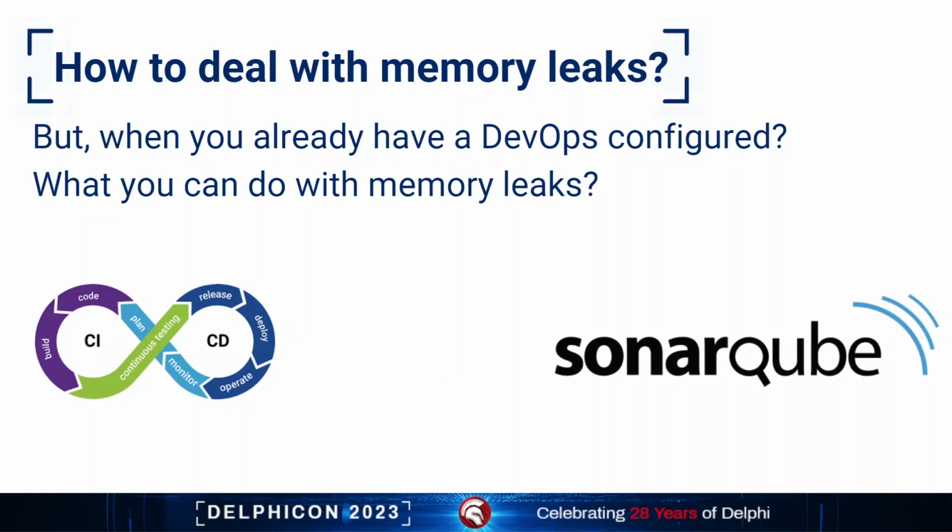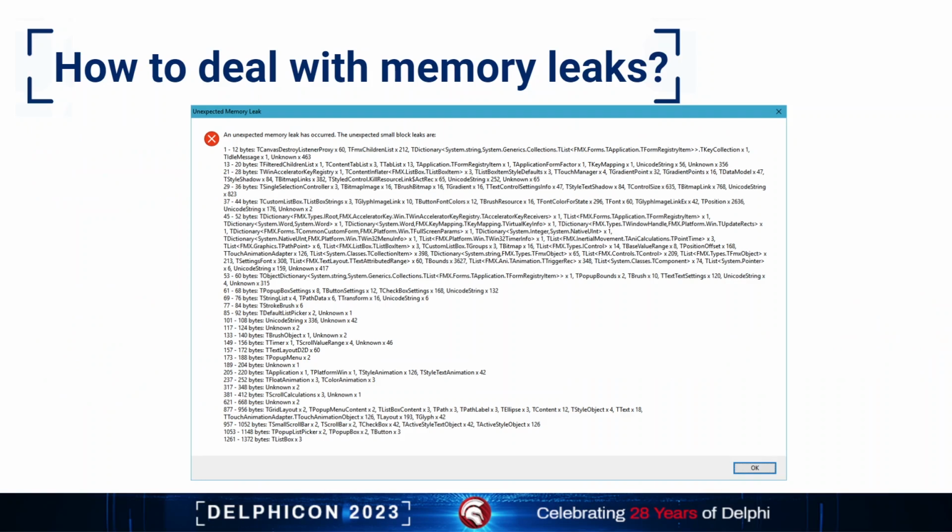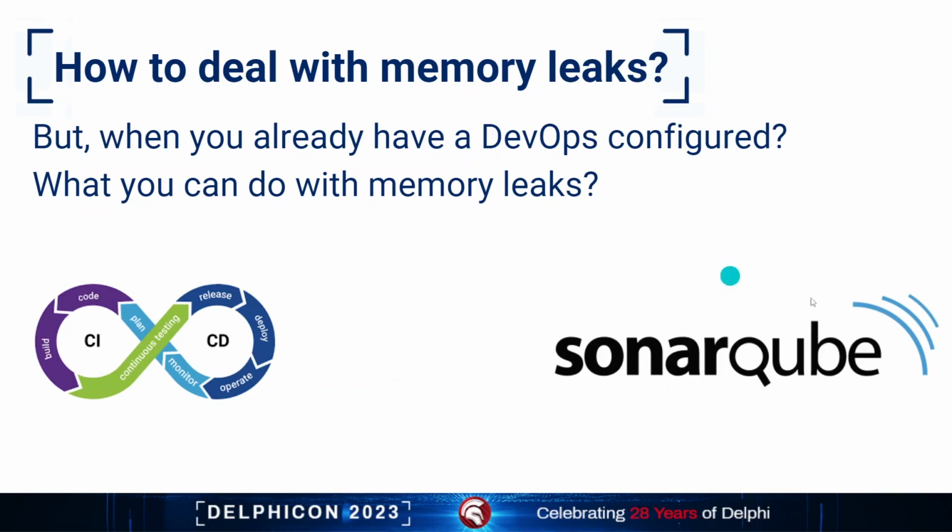Well, if you already have some DevOps configured, CI/CD in your development process, usually what we recommend is that you freeze these memory leaks, right? You generate a log based on your current memory leak state, and put in your CD or SonarQube or any other tool that you use to validate your source code, a rule that you will not allow any new memory leak, right?